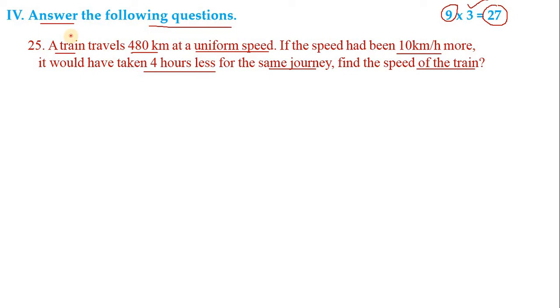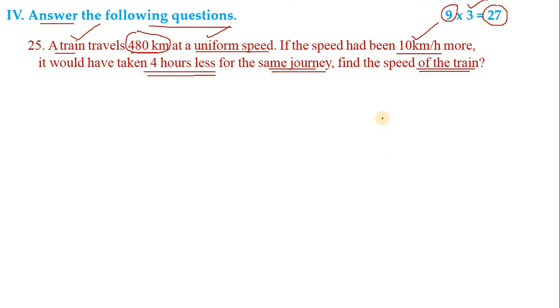Here a train covers a distance of 480 km at a particular speed. If we increase the speed by 10 km per hour, it would take 4 hours less for the same journey. Now here we have to find the speed of the train.